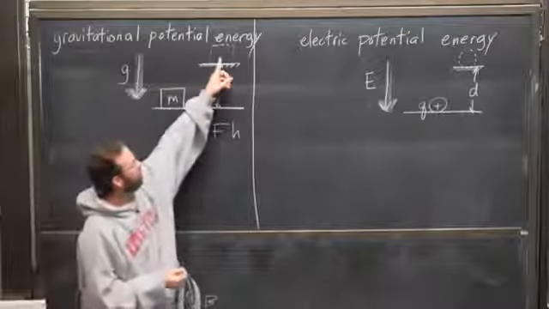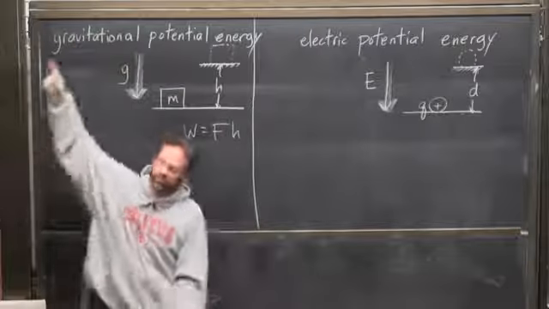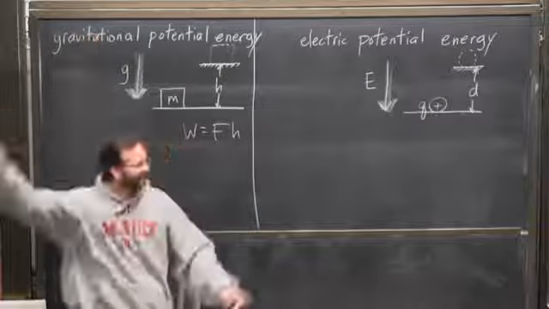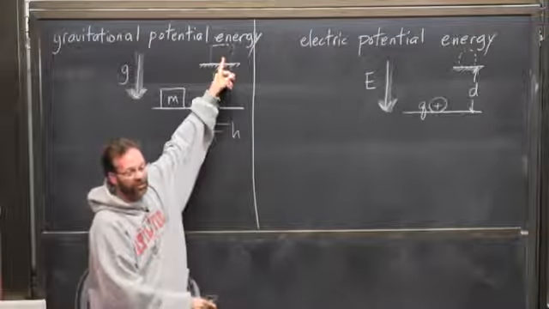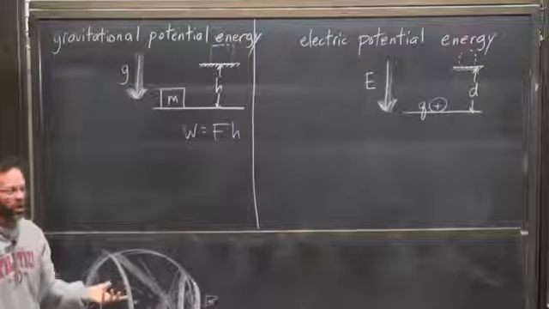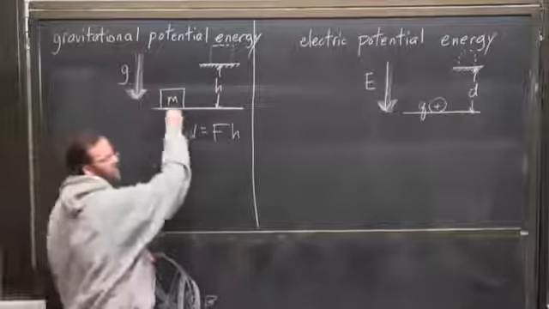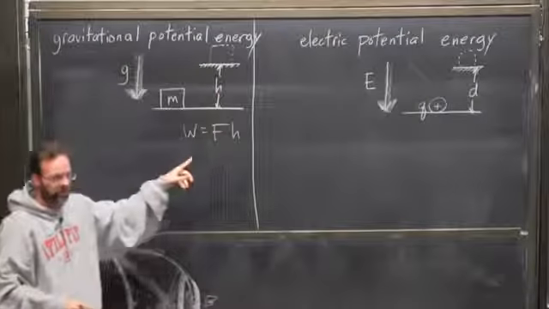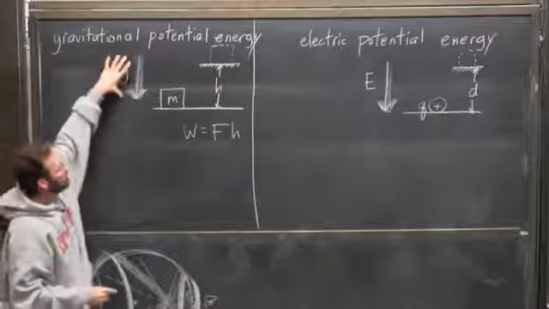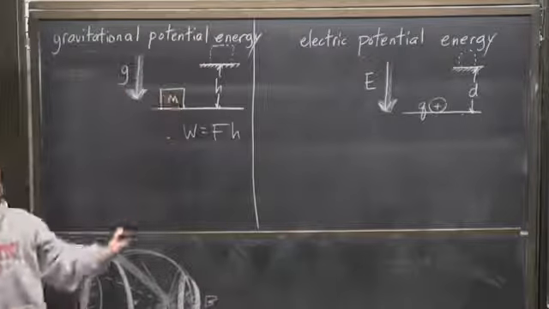And now what kind of form of energy do we have up here? I hope you can guess. Yeah, we have gravitational potential energy. So it takes work to lift the mass, to exert a force on it, to overcome this gravitational field that's trying to accelerate it down.